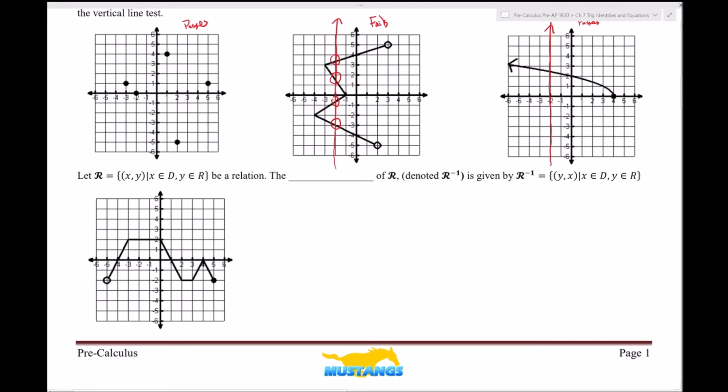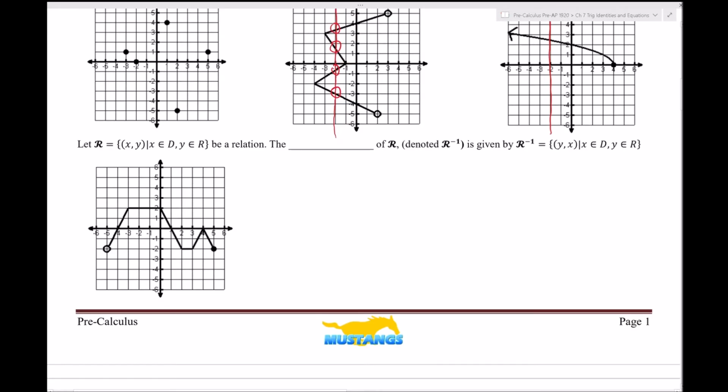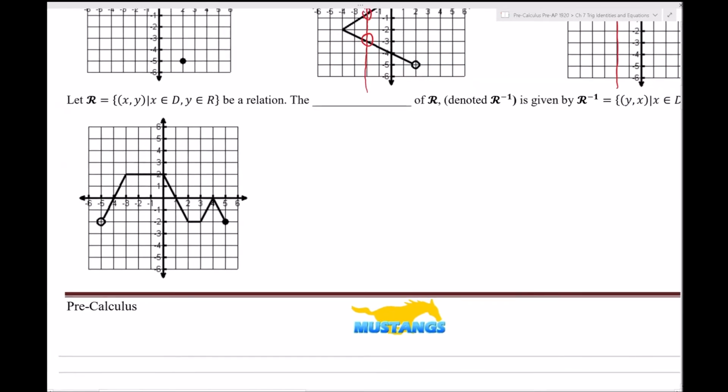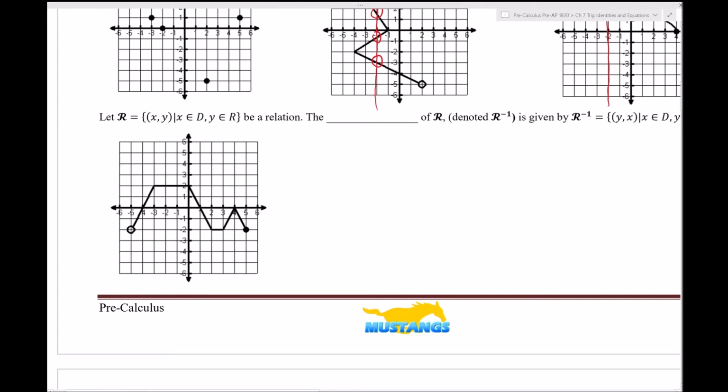So we study in Algebra 2 the idea of a functional inverse, and the way that we can establish that here in this course is we'll start with a relation again, not a function just yet. So we'll start again with a relation. If you want to put this in more mathematical symbols, you take a relation R, and that's the name, and then we construct what it is using set builder notation.